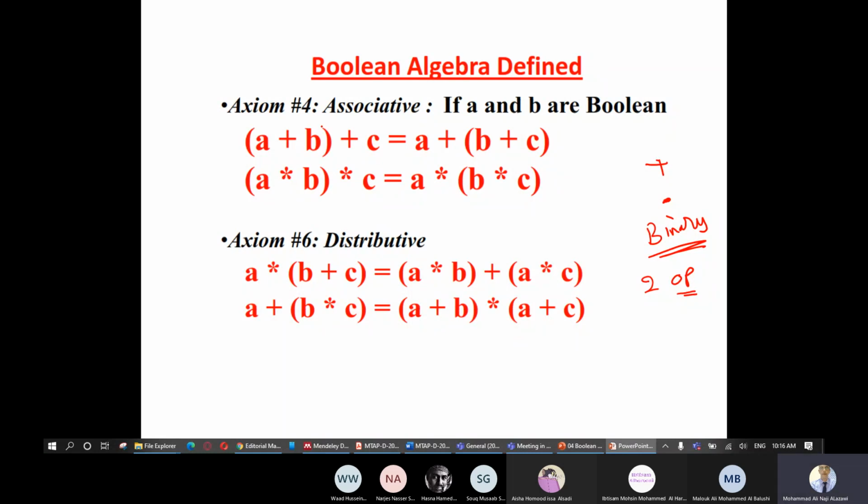I have to divide them into two parts. First, I find A plus B, then the result, which is, for example, R, will be ORed with C. Or I can take B and C and then OR again. The same story is applicable.